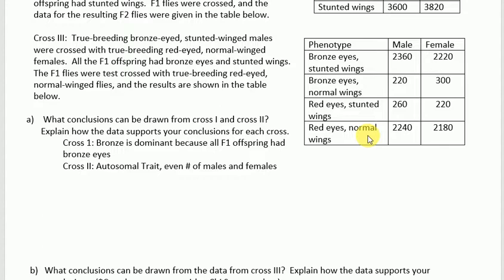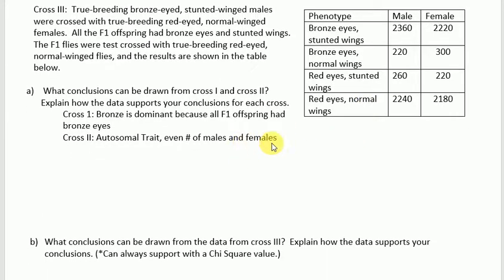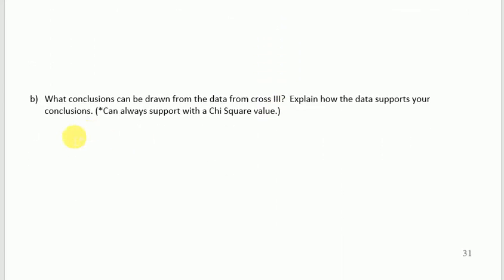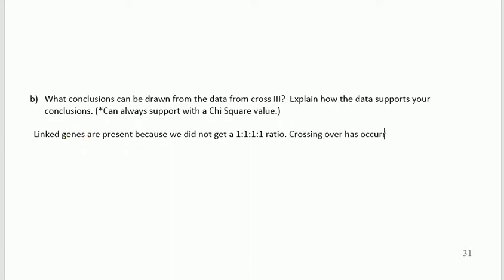So we're going to say that linked genes are present because we did not get a 1-to-1 ratio. We also know that crossing over has occurred due to recombinants.